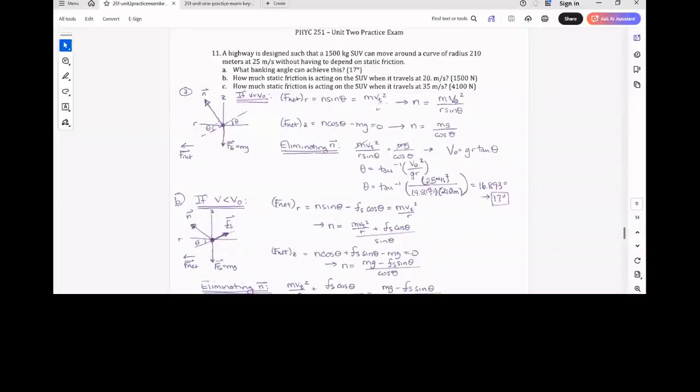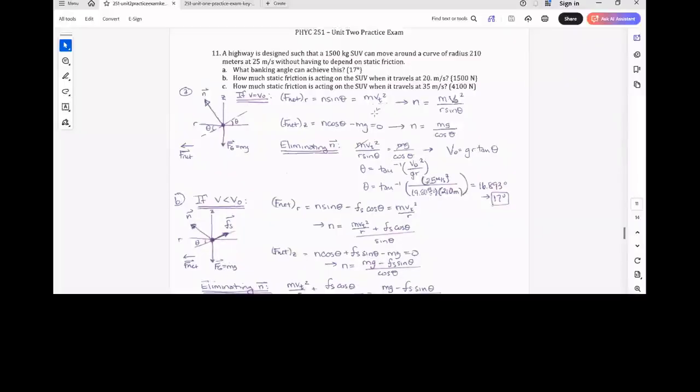So in the radial direction, assuming that our car, which is not shown here, is driving right into the plane of the screen, so that our tangential axis is going into the screen, that means that the radial axis is going to point toward the center of our circle, which would be to the left. And we can find that this net radial force is going to depend on the r component of the normal force, so n sine theta, because if I know the banking angle, I also know that the angle between the normal and the z-axis will be theta as well.